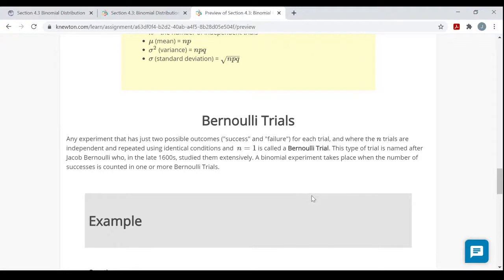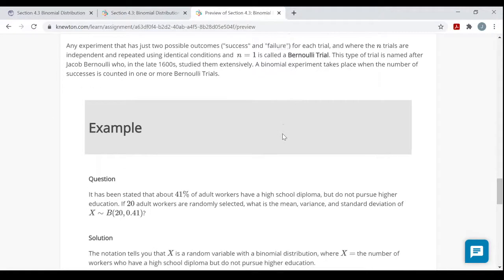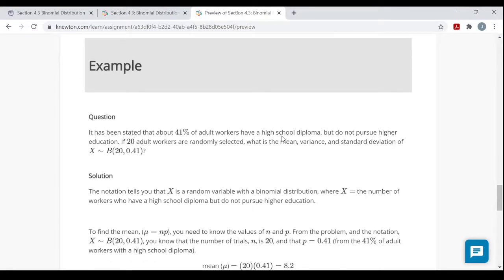They just mentioned that in passing because some books will have the word Bernoulli showing up.